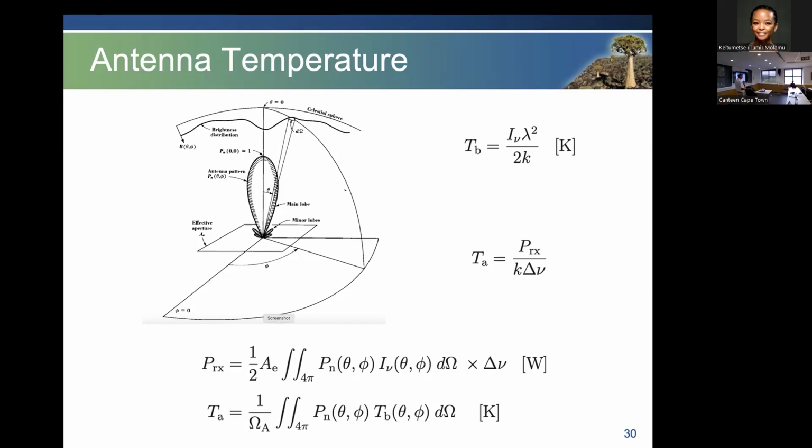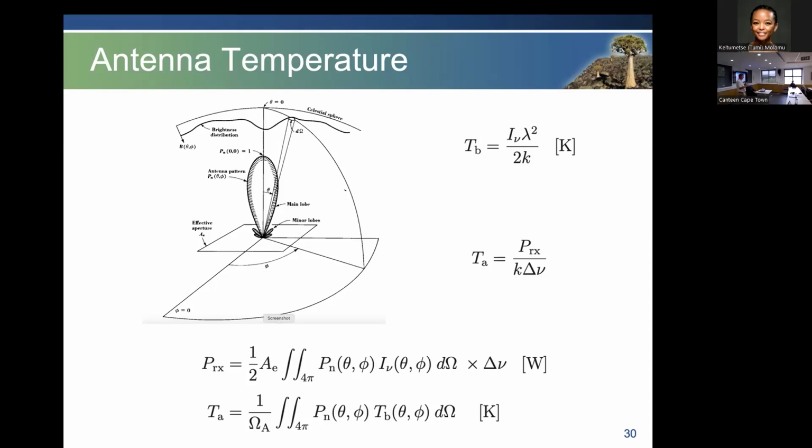Then we say, how are the intensities in the sky and the powers that we receive out of our antenna related? It's what looks like a complicated integral function there, but basically the power we get out is a half. Now, why the half? This is an odd thing because we only detect one polarization per feed direction. Half the power is assumed to be in one polarization and half in the other, hence the half.